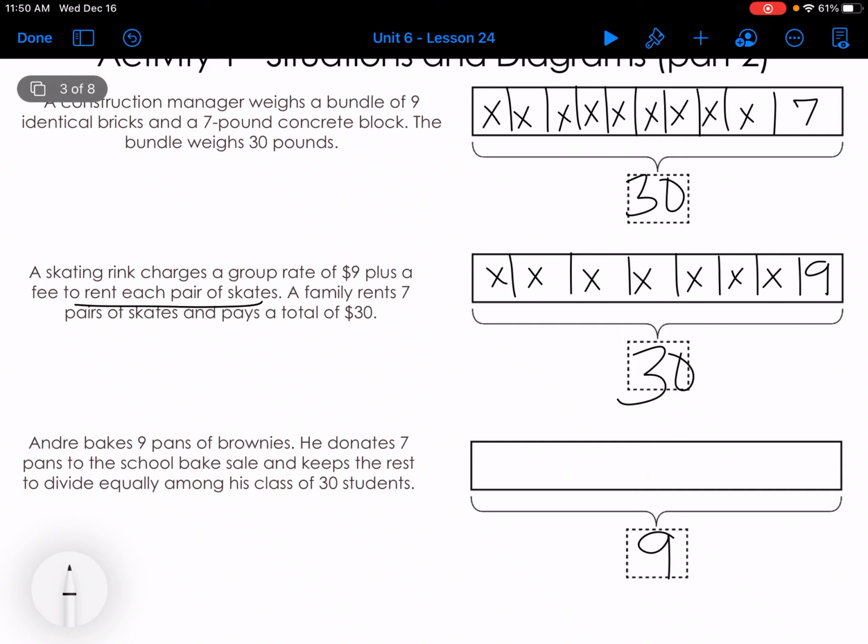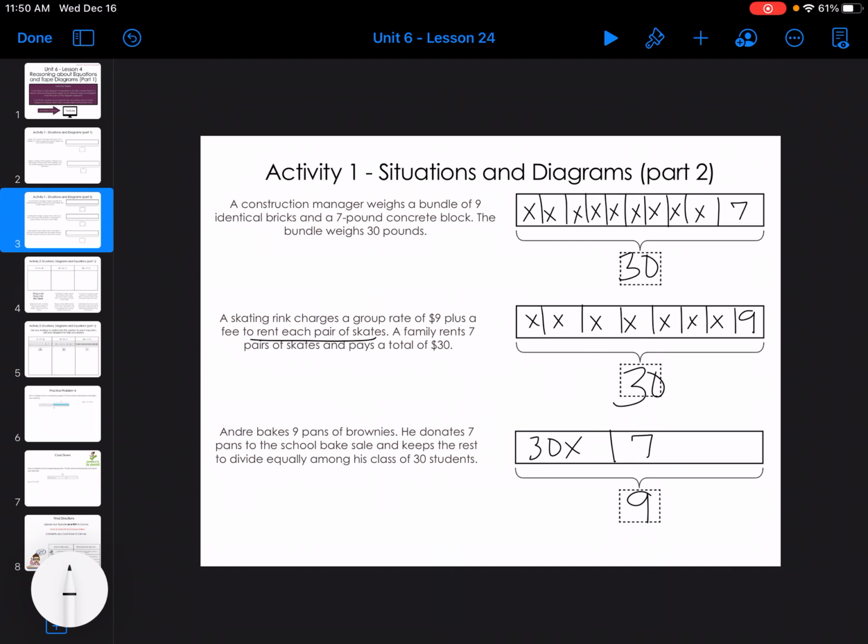Then we know he donates 7 pans, and he splits the rest up amongst his 30 students. So that's going to be 30x, and then I'm going to have my 7 pans. So that would be like if I split this into 30 separate lines with X in each one. So that would be like this, but I would do it 30 times.